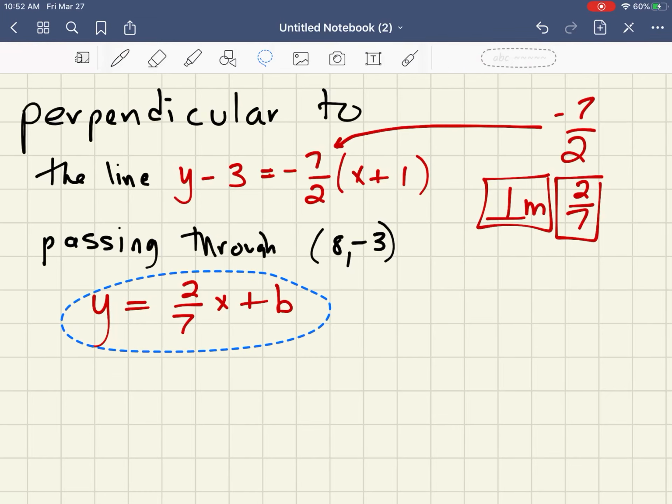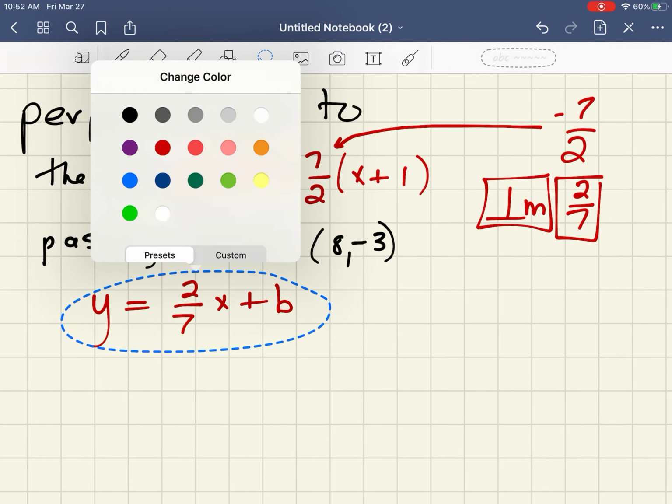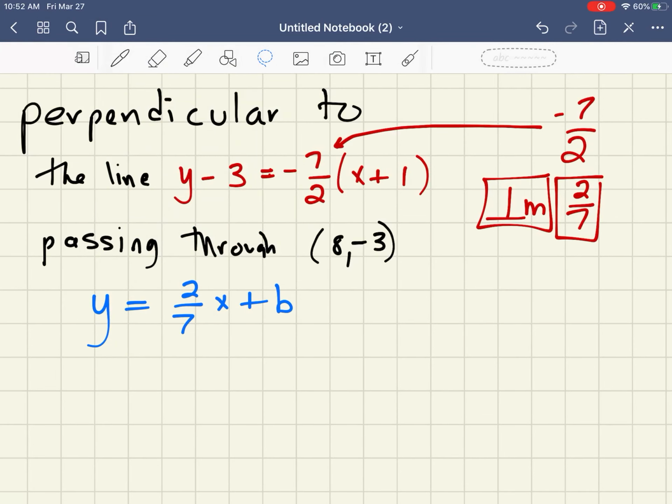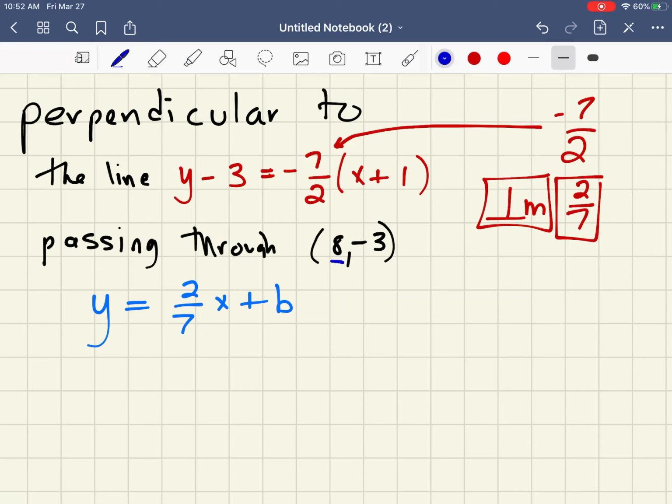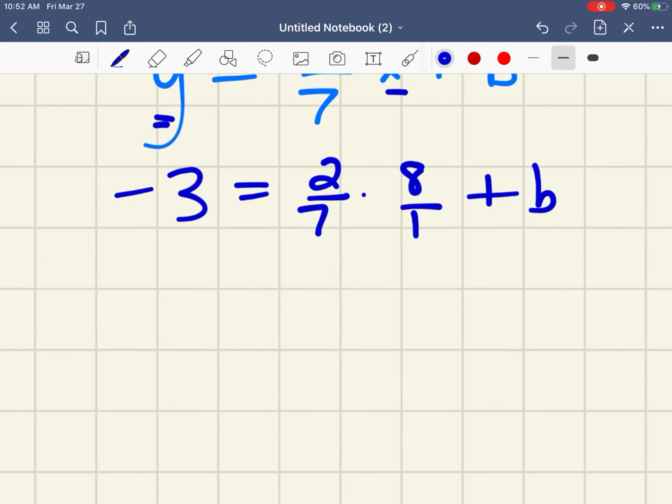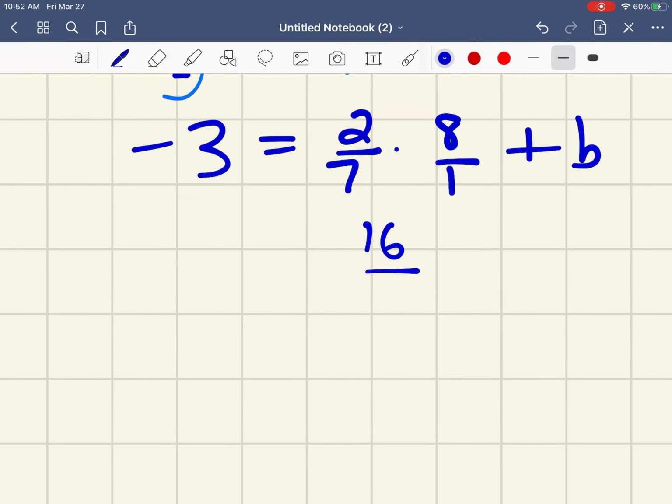And I'm going to go through that same process. I'm going to change the color of this so that it's not confusing. Let's use blue. I'm going to plug in my x and my y. So negative 3 equals 2/7 times 8. Now if you prefer putting that as 8 over 1, if you have more success doing that, that's fine. 16 over 7 after multiplying.